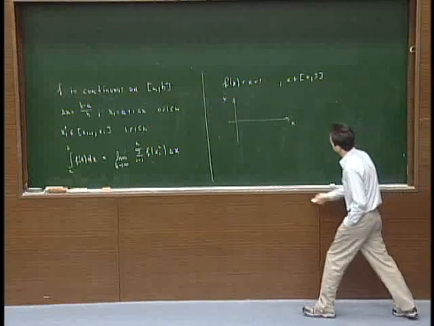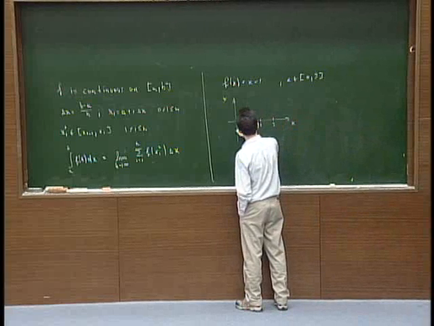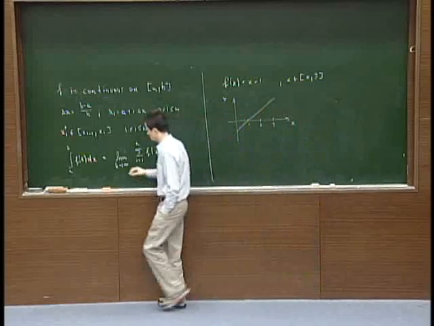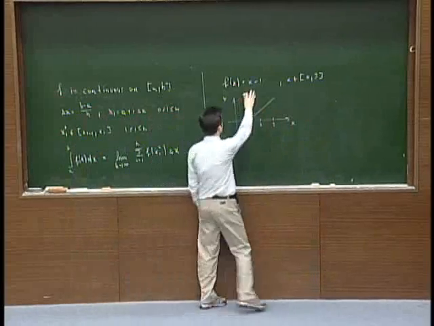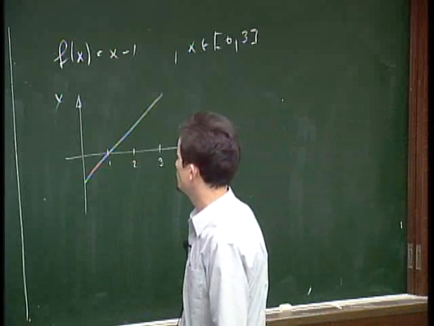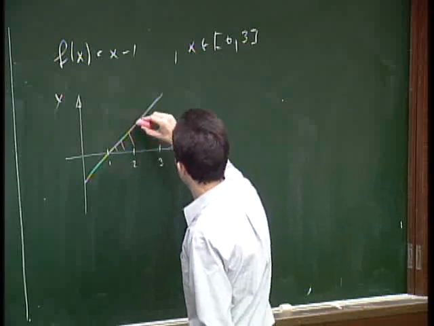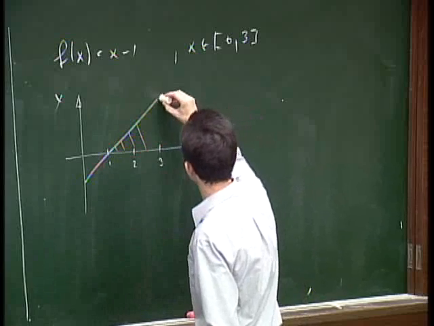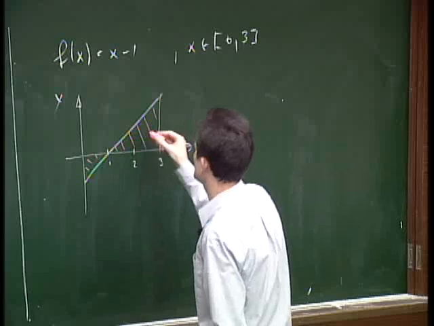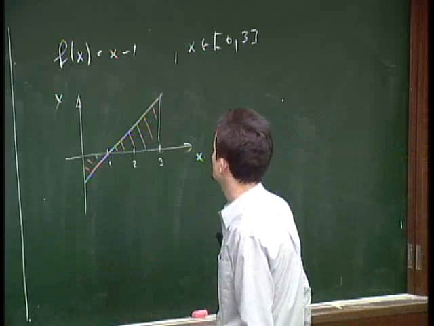Okay, so you see that, okay, this is 1 here. So we have here 1, 2, 3, and our function looks like this here. And you see what we have to compute, as I have explained last time. So this function is not non-negative on the whole interval. So what we get is not really the area, but so-called net area. So we have here this area where this area is counted positive, and we have this area where this area is counted negative.